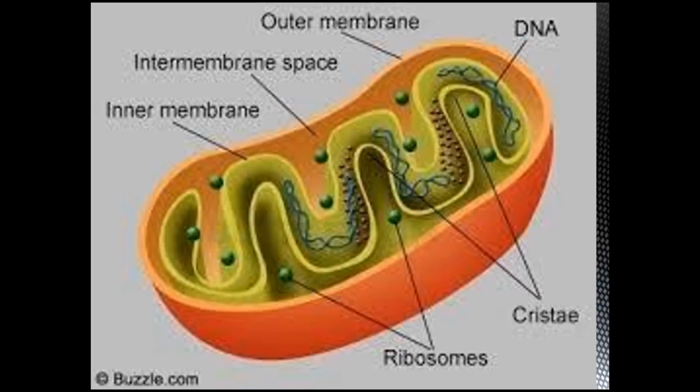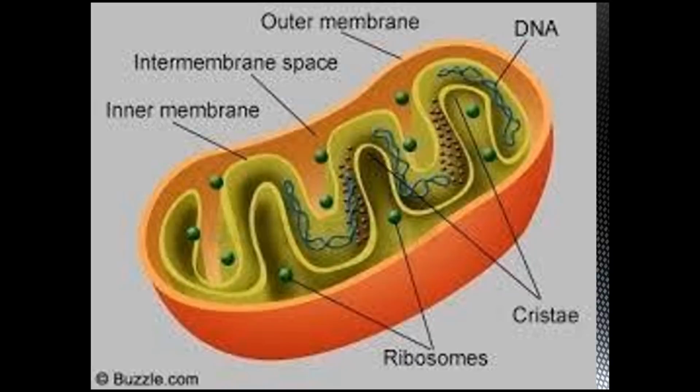Structure of oxysome. Next one, the mitochondrial matrix. See, the place inside the inner membrane is all filled with matrix. It is a complex mixture of protein and lipid.